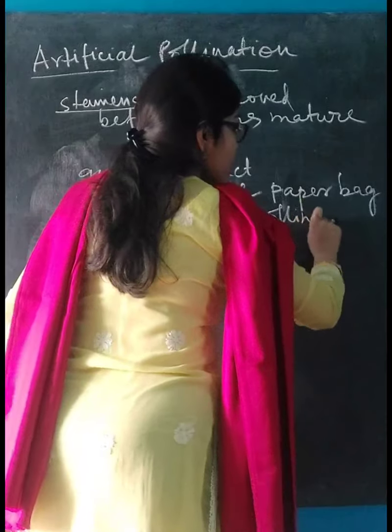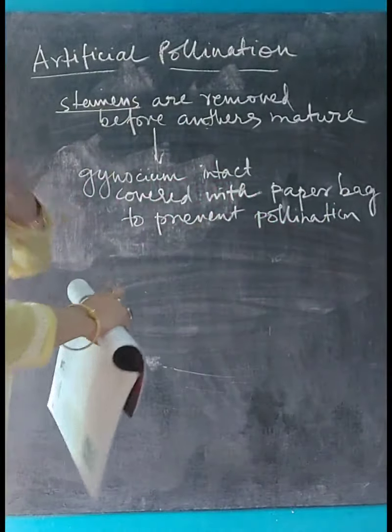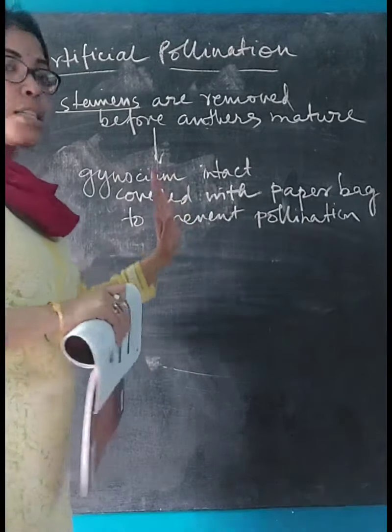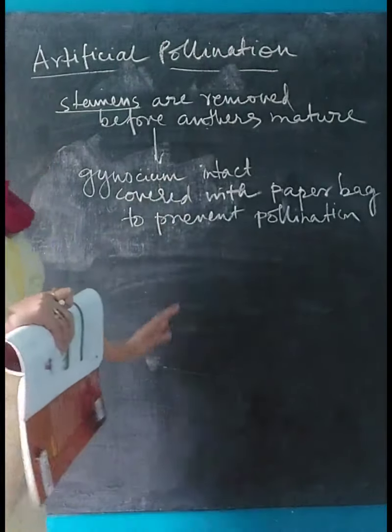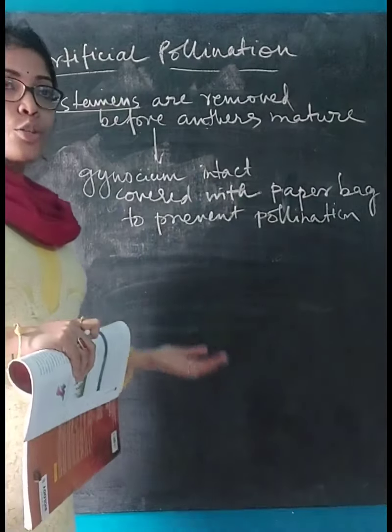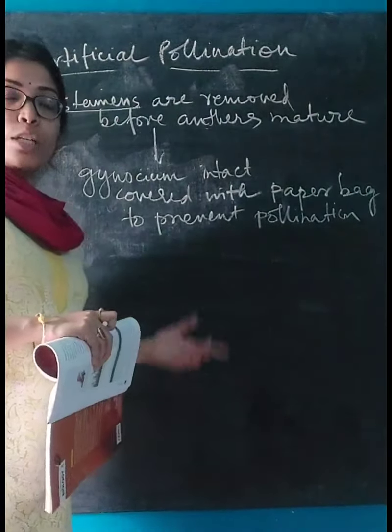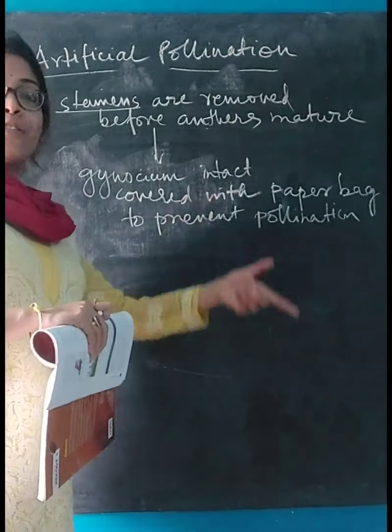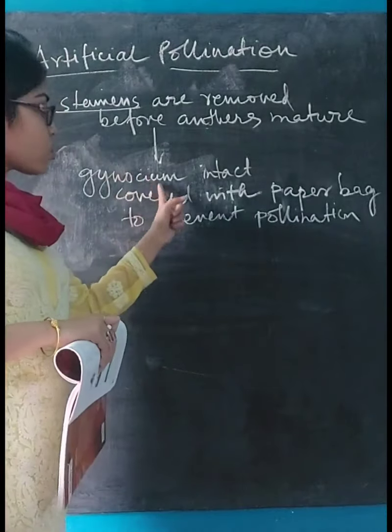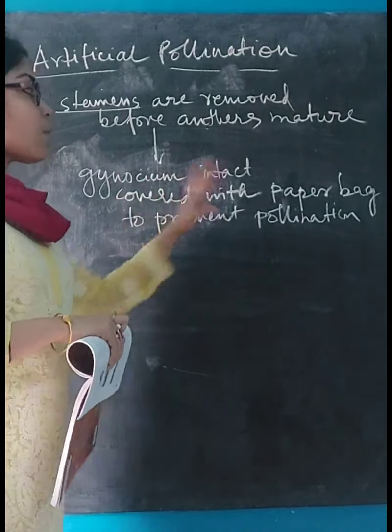So what we are doing is artificial pollination, right? So artificial pollination is the ongoing process, but to prevent natural pollination, to prevent any agent of pollination from coming and transferring the pollen grains on the gynoecium of this flower, it is covered with a paper bag.